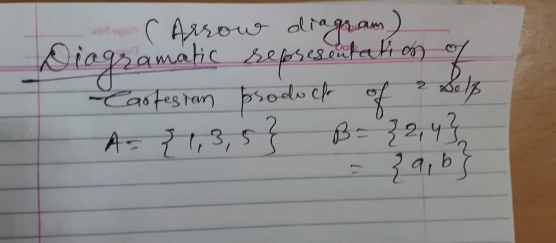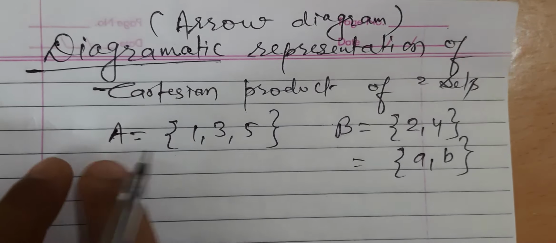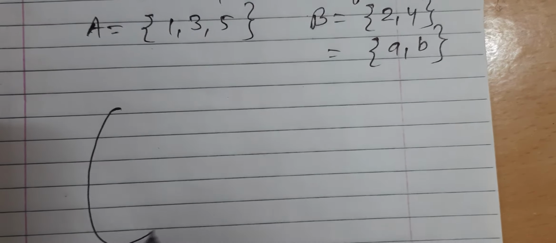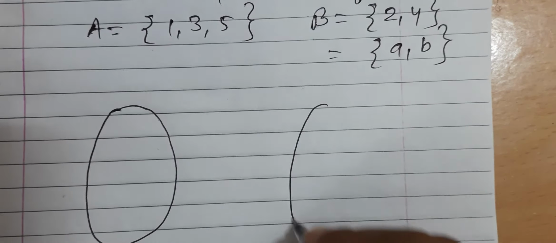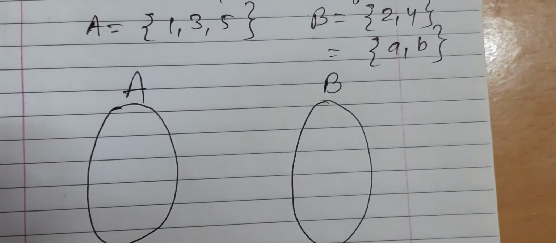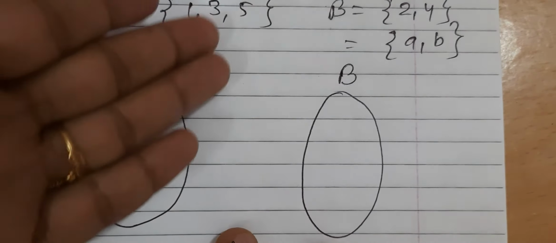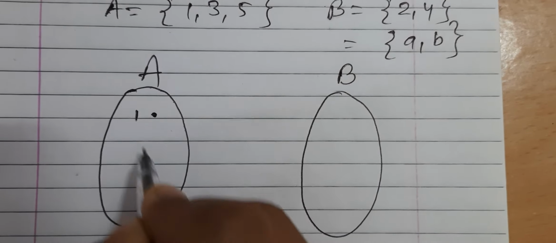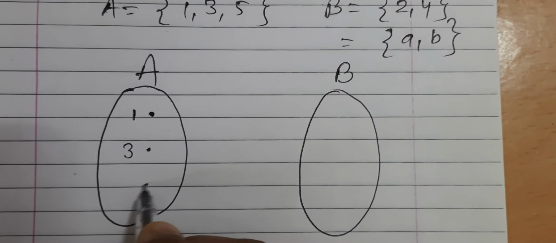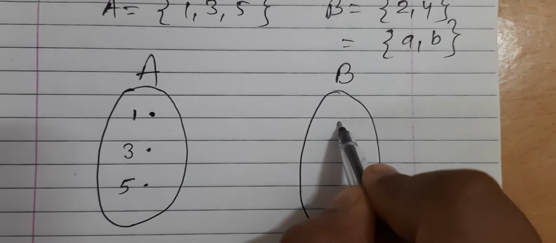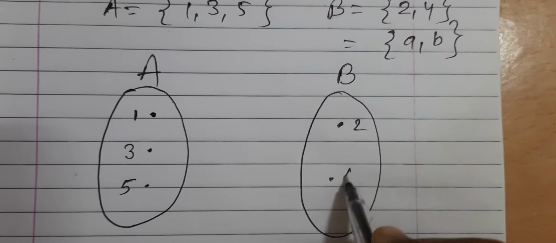So how to represent by arrow diagram? Here we are given two sets, so we'll represent each set by an oval shape. This is set A and this is set B. Now we'll write all the elements of set A here. In set A we have 1, 3 and 5. In set B we have 2 and 4.